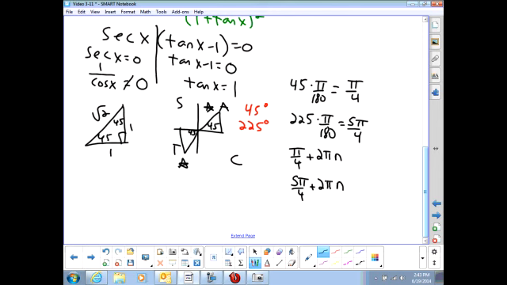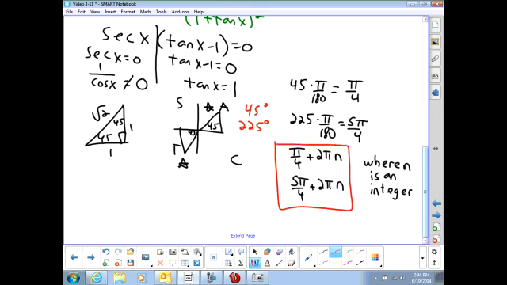And we'll say where n is an integer. So n could be 1, n could be 2, 3, 4, 0, could be a negative integer. So this is our general solution of all values of x that will give us a horizontal tangent line.